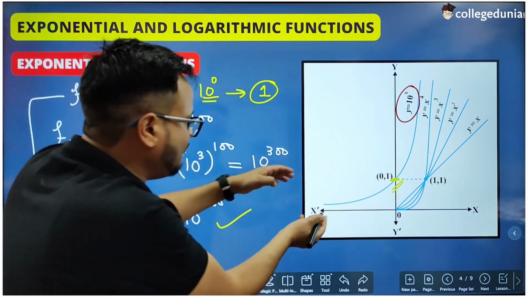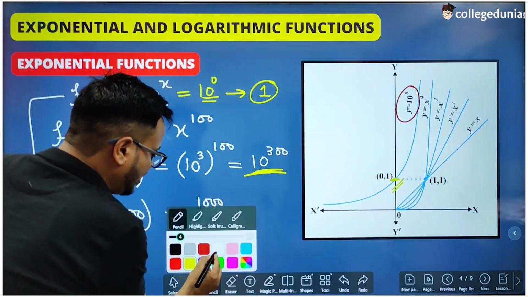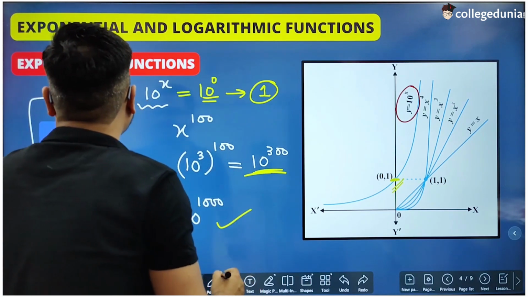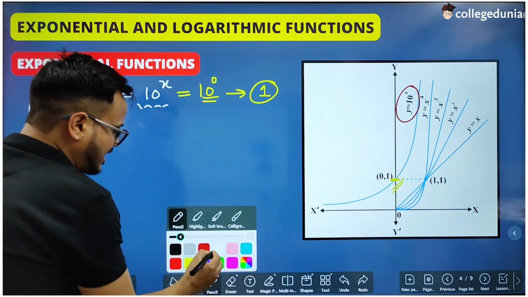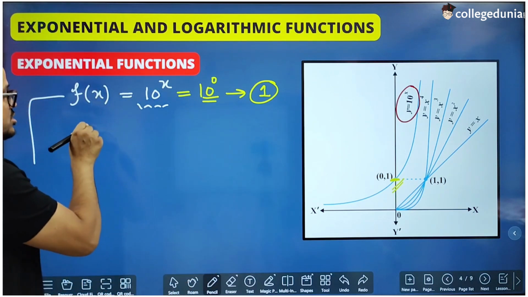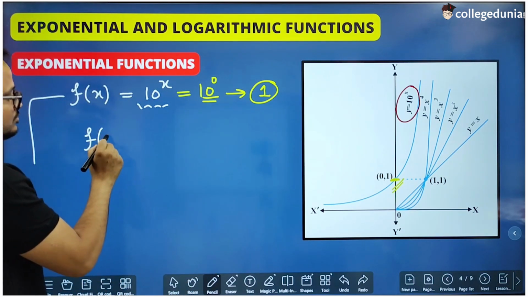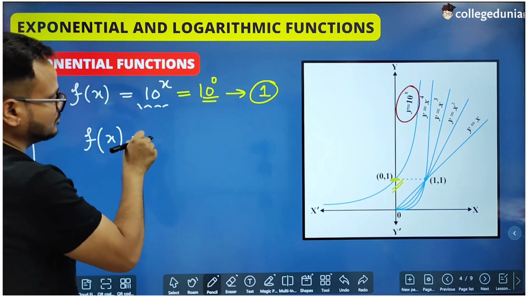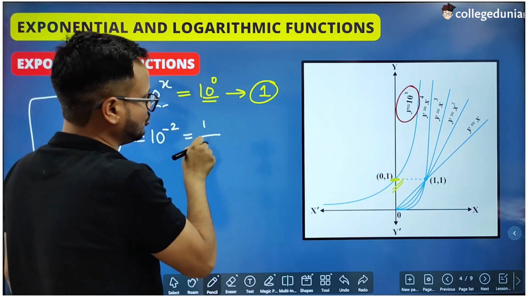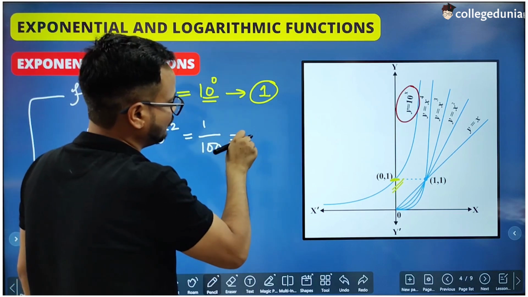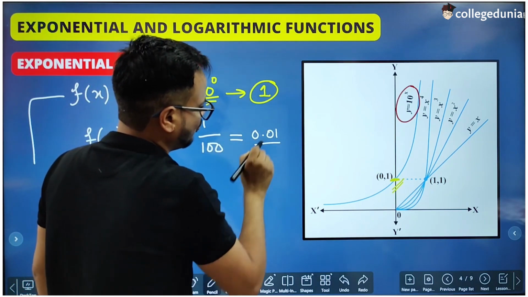And for the negative values of x, this is going to decrease, because if x is negative, suppose we put x as -2 in this function, 10 raised to power -2 is 1 upon 100, which is 0.01, right?